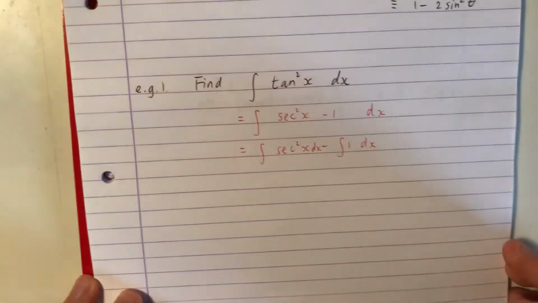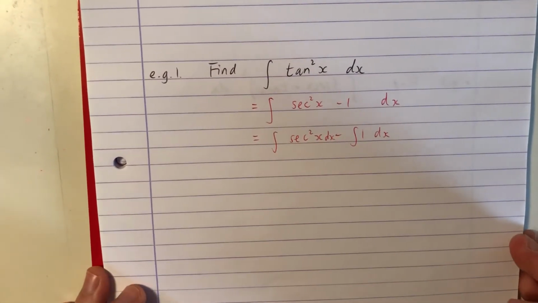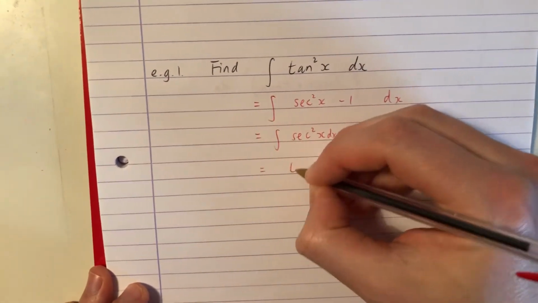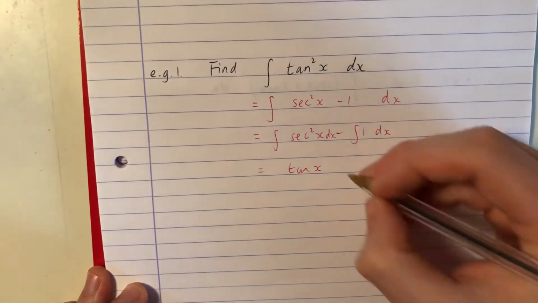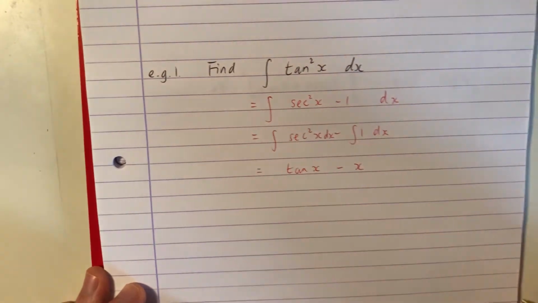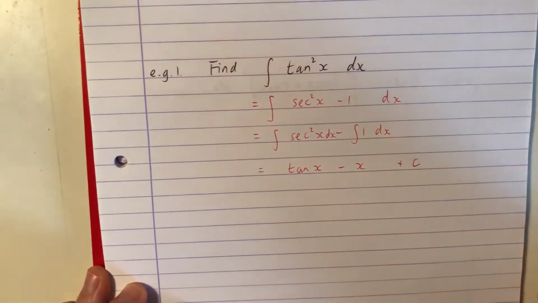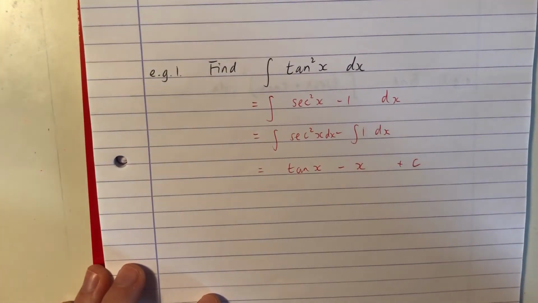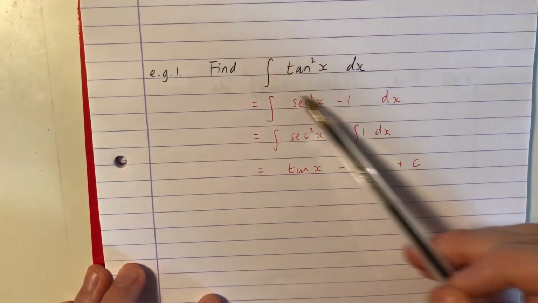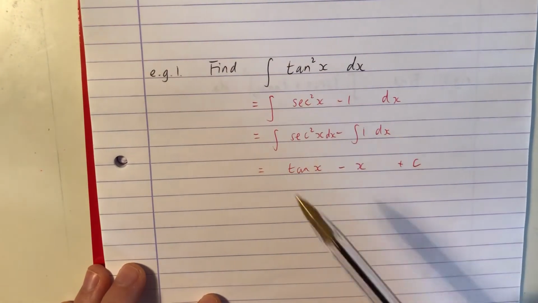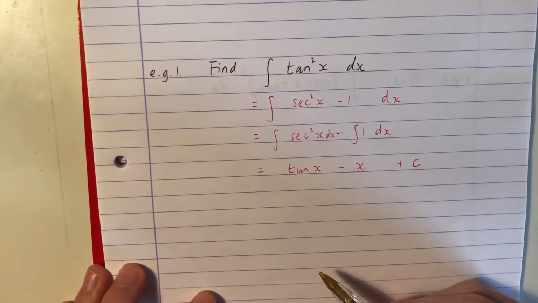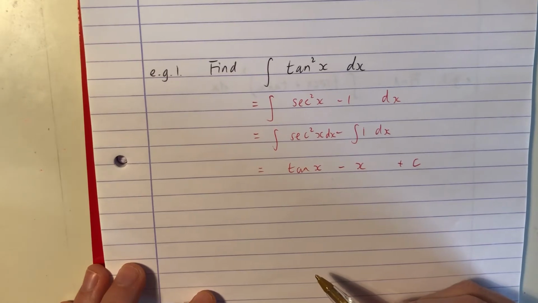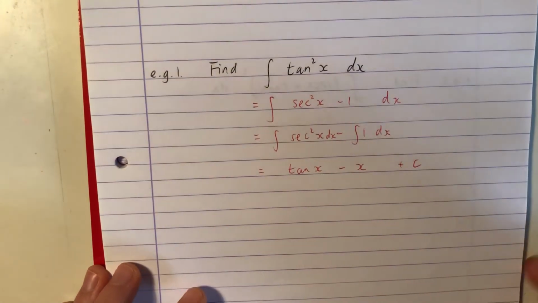Sec squared, you should know that integrates to tan x. 1 obviously integrates to x. And remember the plus c. So the main thing today is the initial thing you won't be able to integrate. You've got to use identities to turn it into things you can integrate. So it's a combination of knowing your trig identities and knowing which trig stuff you can integrate.